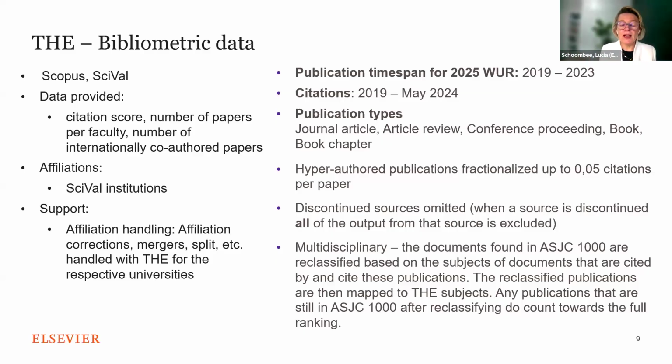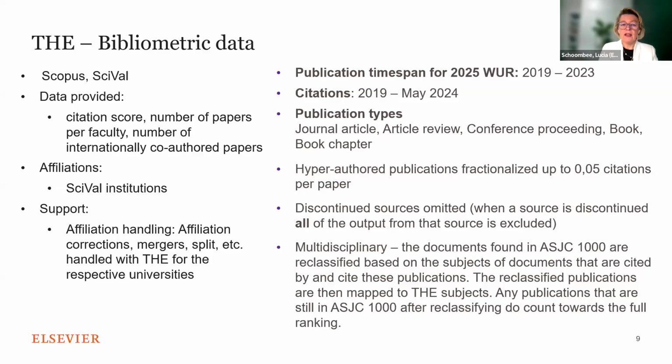We also provide some support to the ranking organizations, like affiliation corrections. If institutions split or there are mergers between institutions, we handle that to make sure that the affiliation profiles are also correct.